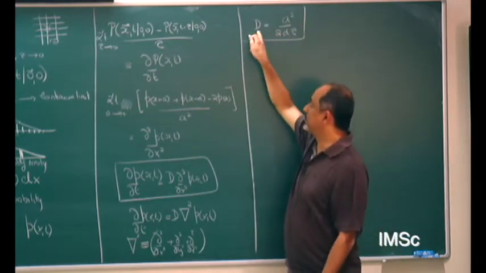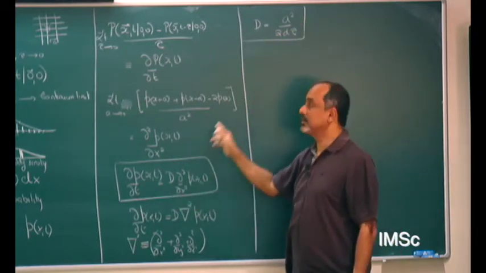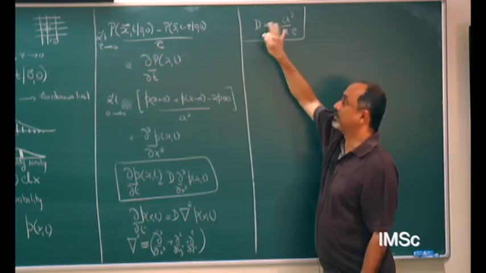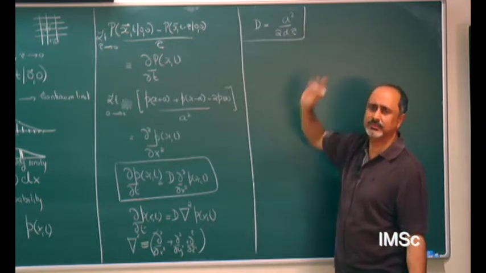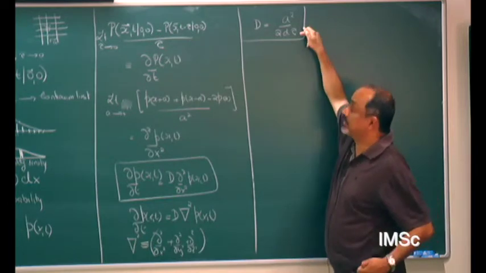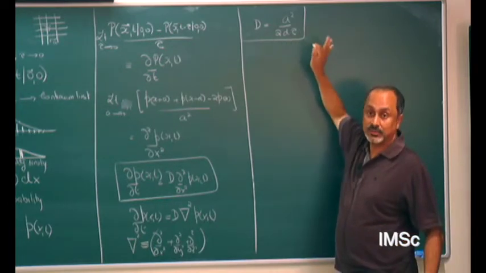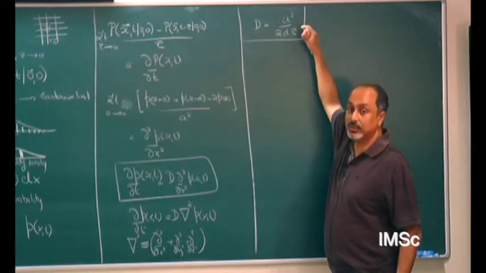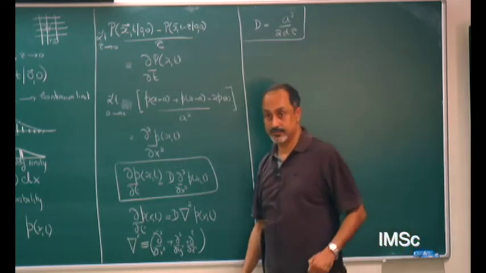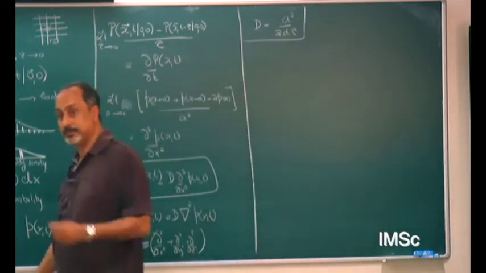To have a finite value of the diffusion constant, we must send a to 0 and tau to 0 in such a way as to keep this quantity finite. The dimension d is 1, 2 or 3 depending on the case, but these other quantities we have to take to 0. You have to do this somewhat delicately, because you must take them to 0 in such a way that a squared divided by tau goes to a constant. Is that clear?